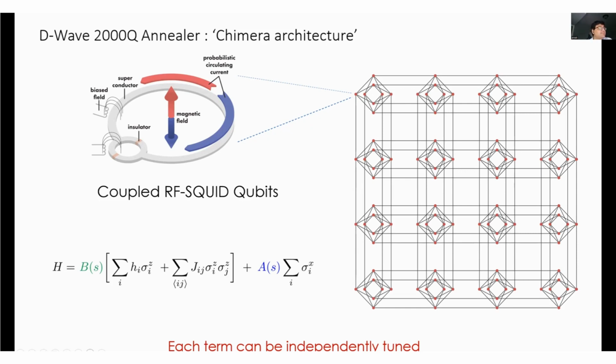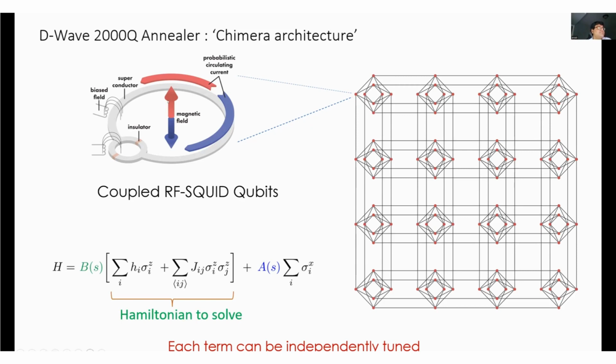So the Hamiltonian of this system is given by this term. You have some coefficients A(s) and B(s). A(s) is the coefficient in front of the transverse field, which is sigma x, and B(s) is the coefficient in front of the Hamiltonian that you would want to solve. So this is basically an Ising Hamiltonian with a transverse field.